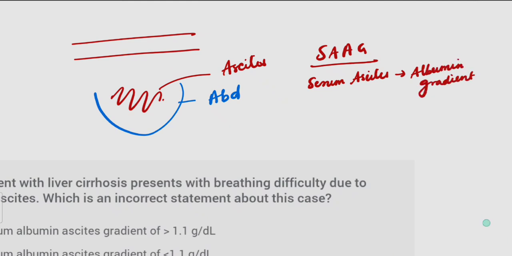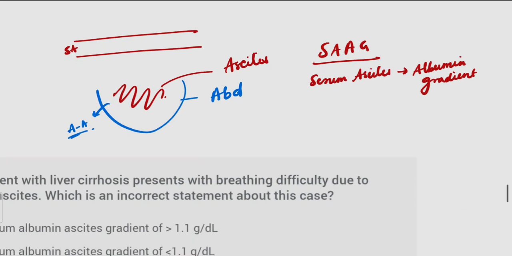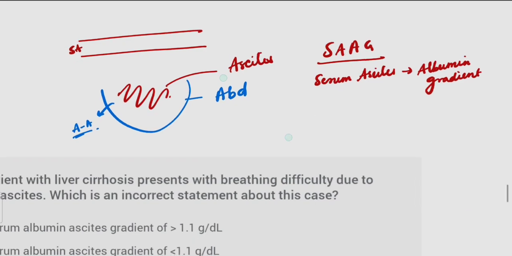So we are seeing the albumin in the serum, and also the albumin in the ascitic fluid. The difference, the gradient, is SAAG, right? So we are subtracting these both. Again I'm writing: serum's albumin minus the ascitic fluid's albumin, and this is the gradient that we are seeing.